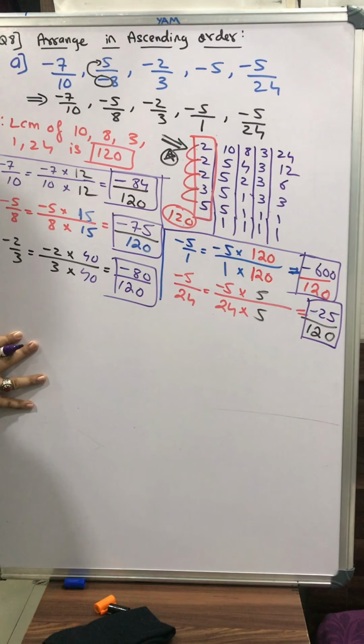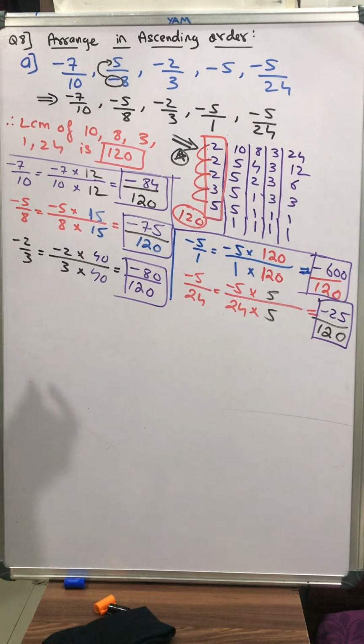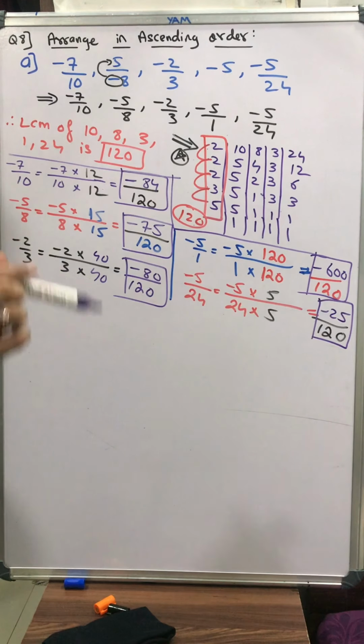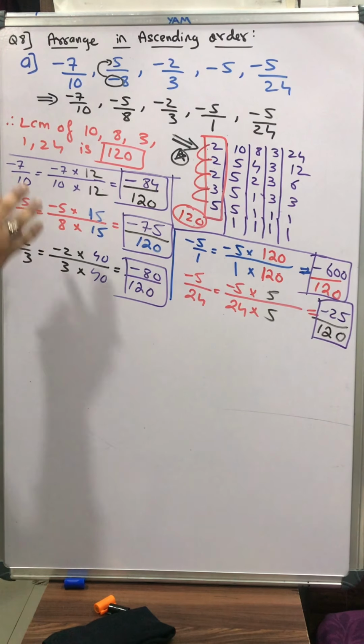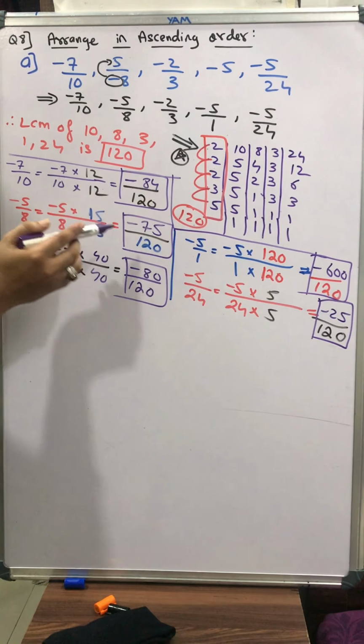Hope you all understood this very well, students. So now what happened after this? See, amazing, I have 120, 120, 120, 120, 120. So we accomplished our aim that all the denominators are 120. Now we can easily judge just by looking at the numerators.